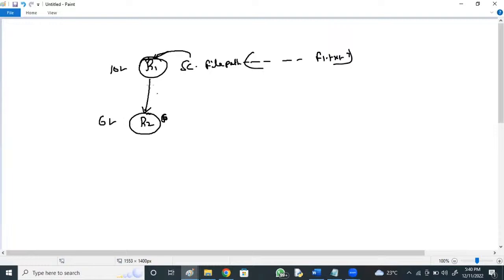So R1 has 10 lakh, R2 has 6 lakh. From R2, again, for example, there are 6 lakh employee names starting with lowercase. I want to transform all the employee names to uppercase. With the map operation, you get R3, where you see all the employee names in uppercase.